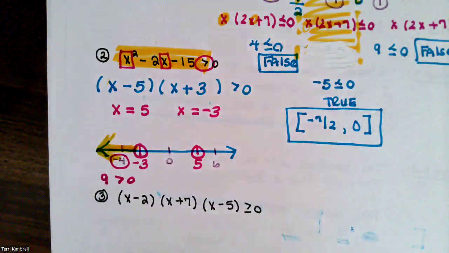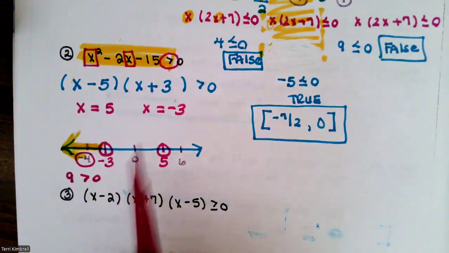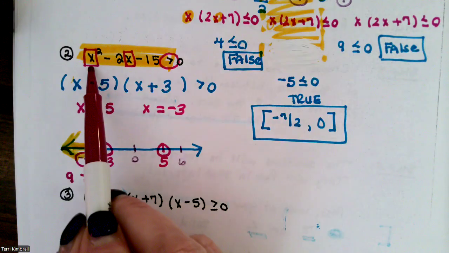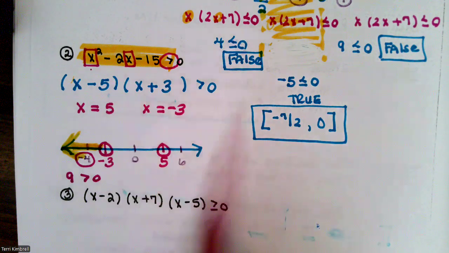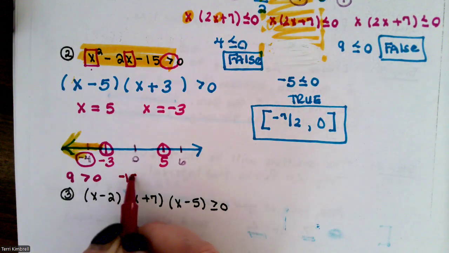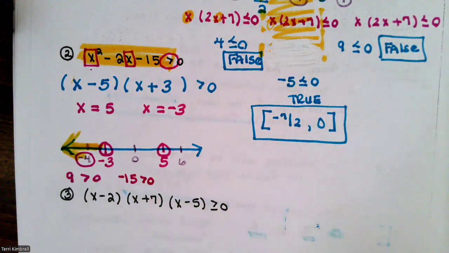So that is true. You probably can put 0 in without a calculator. 0 squared 0 minus 2 times 0 is 0. And then you have -15. -15 is not bigger than 0. So that part would be false. Okay. Then you go to 6.